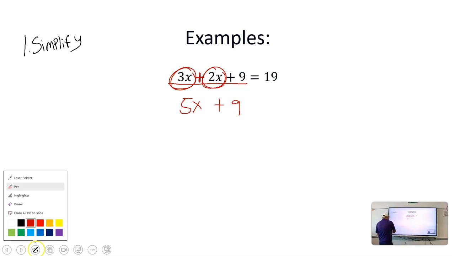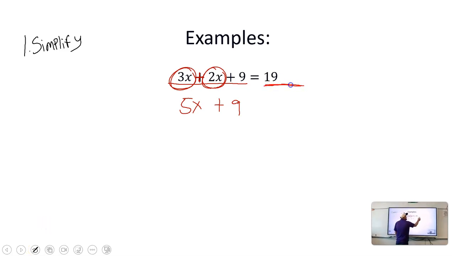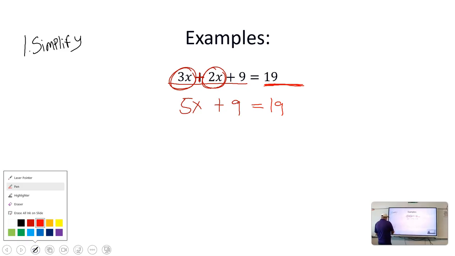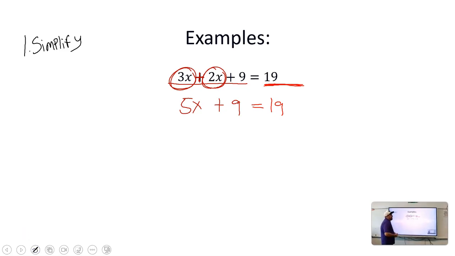Okay, let's look at the right side. The right side is 19. Does it have anything that can be simplified with it? Anything that can be combined? It cannot because it's by itself. So I just bring that down. And now I have a brand new equation. 5x plus 9 equals 19.